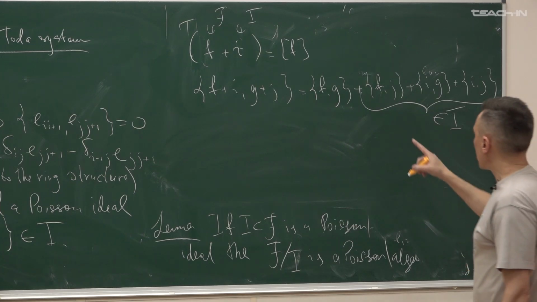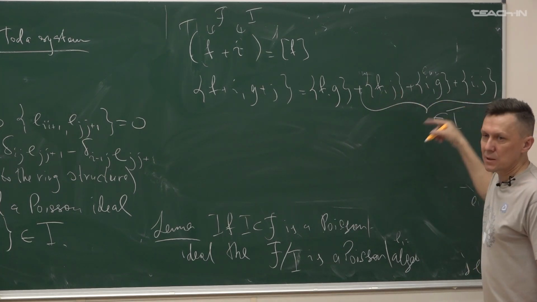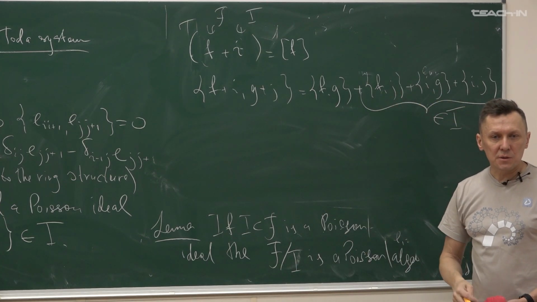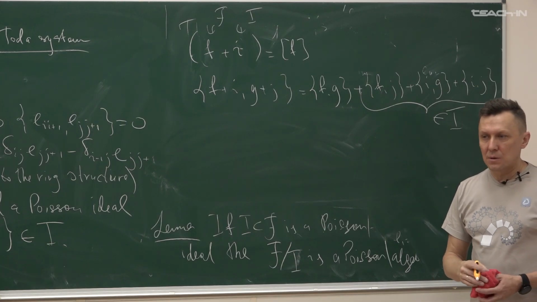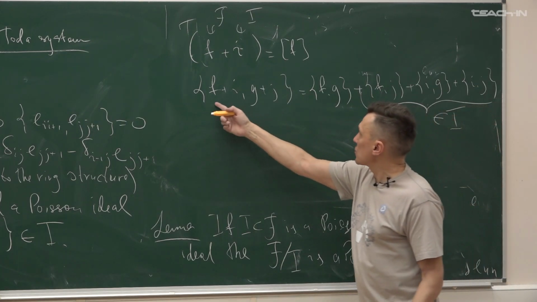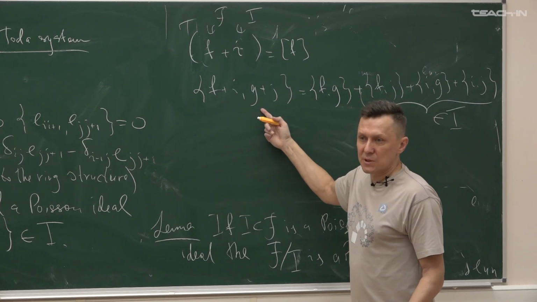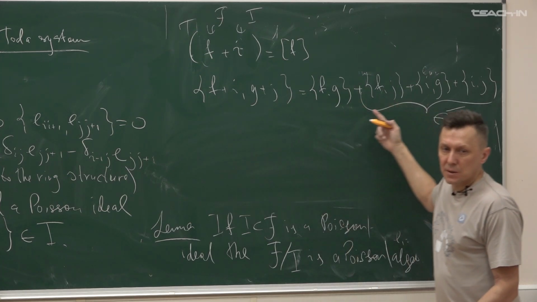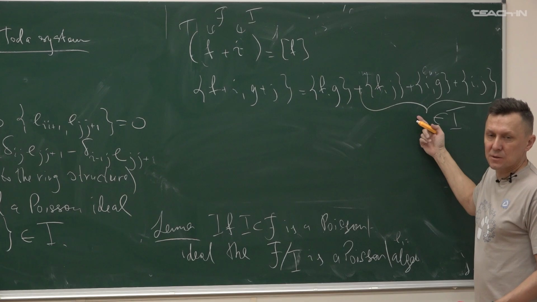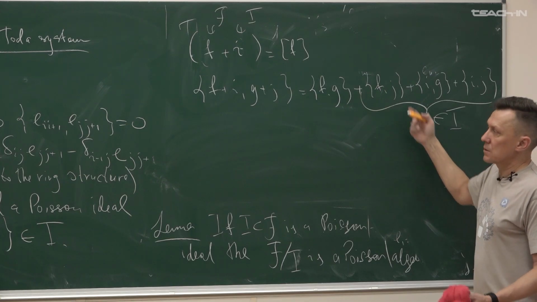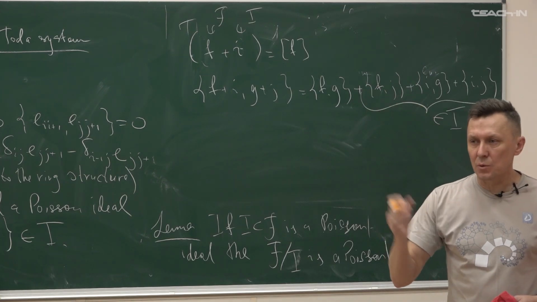The Poisson brackets with elements J and I are also elements of this subspace. So the Poisson bracket between different representatives lies in the same class. It means that it is well defined on the quotient space.